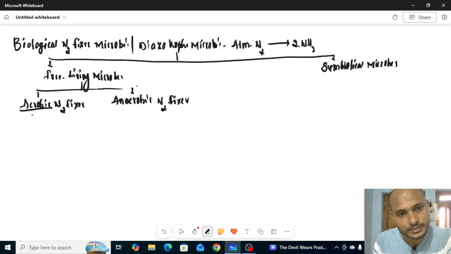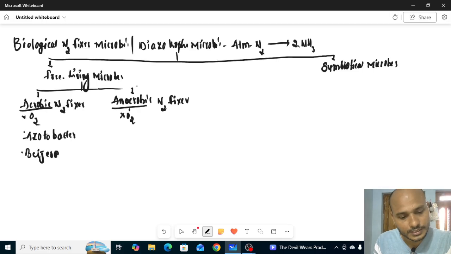So here aerobic means in presence of oxygen, anaerobic means in absence of oxygen. Coming to examples, aerobic free living nitrogen fixers are Azotobacter and one more important one, Beijerinckia. So these two microbes come under aerobic free living nitrogen fixers.